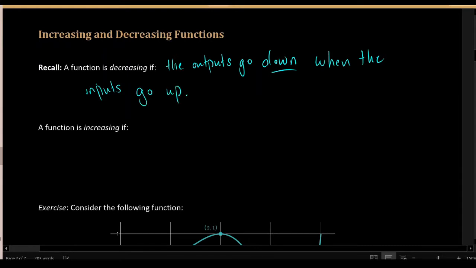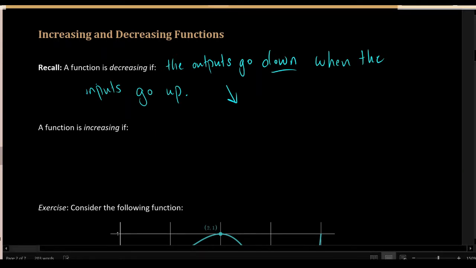So a decreasing function, graphically speaking, has the appearance of pointing to the bottom right. As your inputs go up and you move to the right, the y values on the graph go downward. Contrast that with an increasing function.